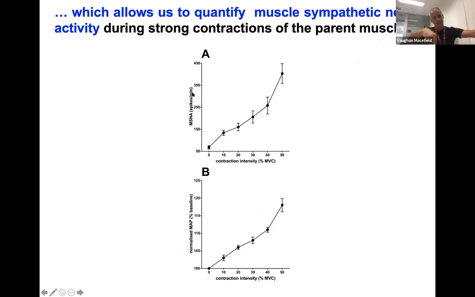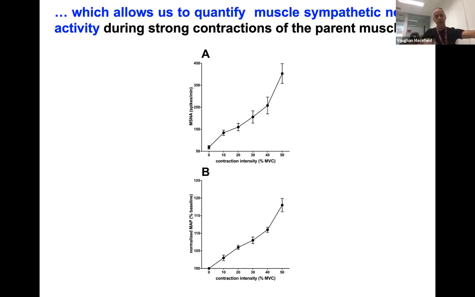So again, these are the extracted sympathetic spikes, and we've performed contraction intensities of up to 50% maximal, so very, very strong contractions. If you looked at the raw nerve signal, it's totally swamped by EMG.